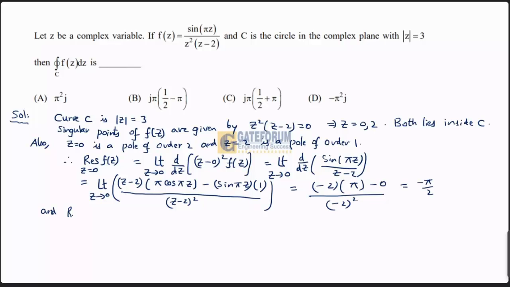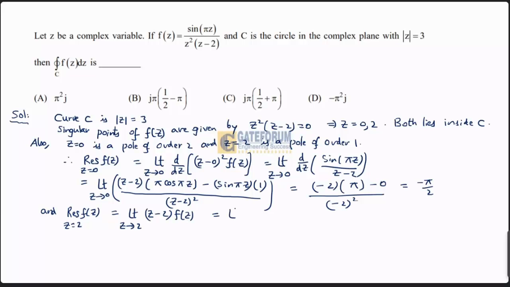Next, residue of f of z at z is equal to 2, which is a simple pole. So residue is limit z tends to a of z minus a into f of z. A means 2, z minus 2 into f of z.